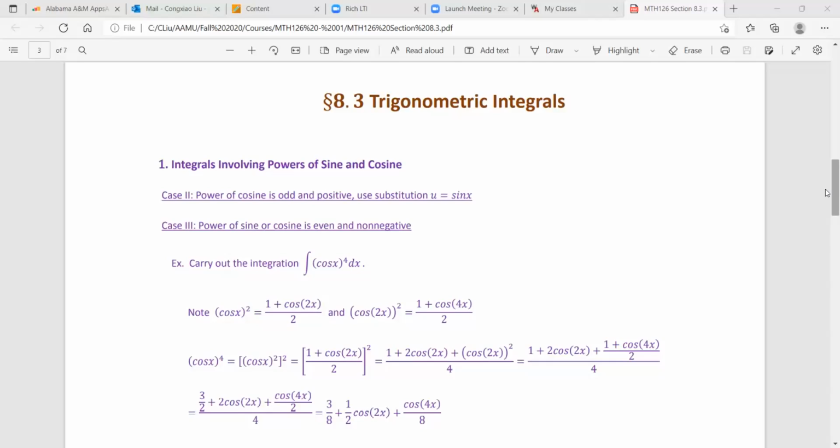And the fact is, we cannot do all of the trig integrals, even a lot of them.